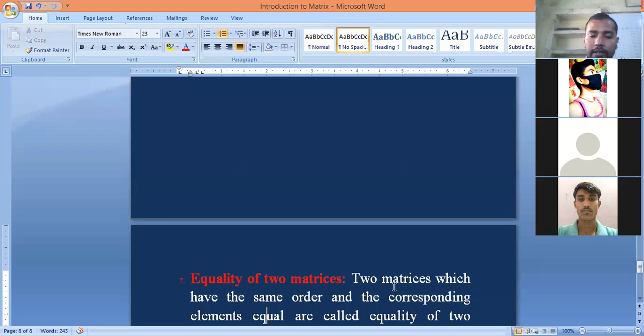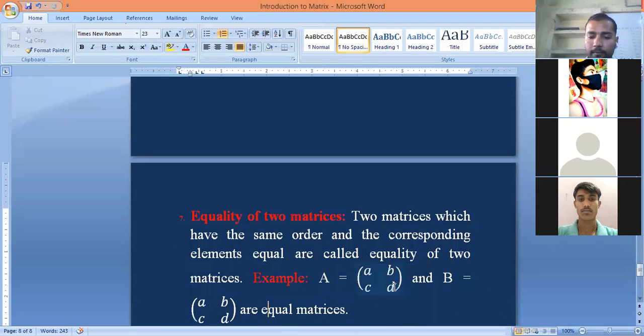It means the order of the two matrices, the order that we have learned on the first page, for example the order of X is equal to 2 into 2. That's what their orders being equal means.